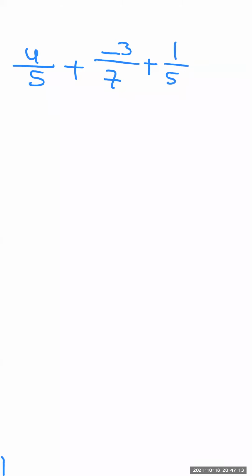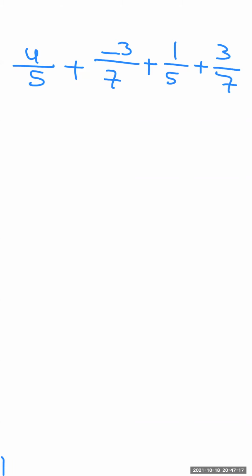Okay, one more example. Use the addition properties to find the same question like before: 4 over 5 plus negative 3 over 7 plus 1 over 5 plus 3 over 7.